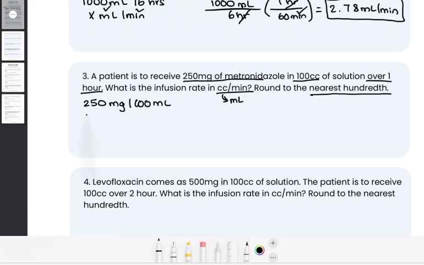Make sure you list out your values on the left side. And write out what you're looking for. Here it's milliliters per minute.